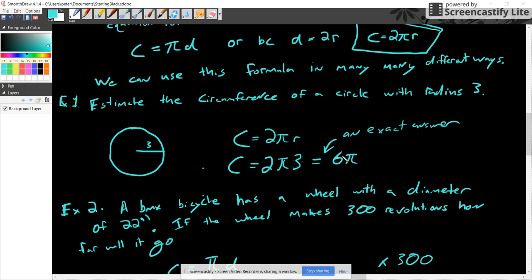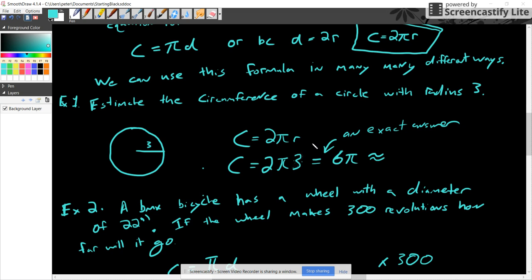It is totally exact. And it's an irrational number, so that means it keeps going. So any sort of approximation I use for pi is actually less accurate. If I want to have a numerical or approximate answer, I use these wavy equal signs, which says an estimate. And pi is roughly 3.14.